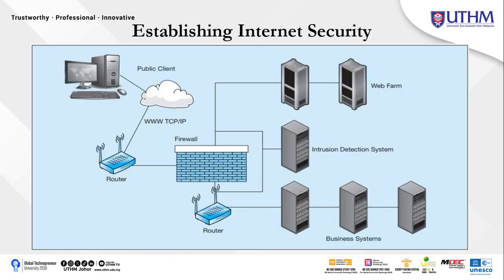So you can see establishing internet security. We have a router connected to the LAN and internet, and both of these routers are connected with the firewall, which is trying to protect. Usually a firewall helps you to protect your data or network.